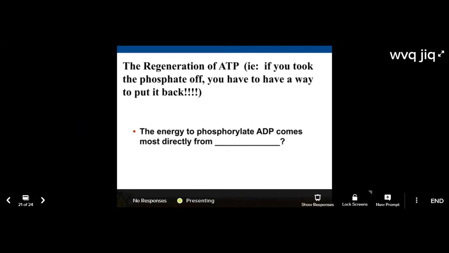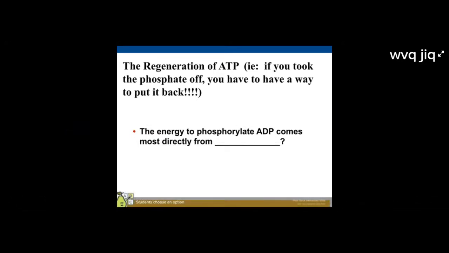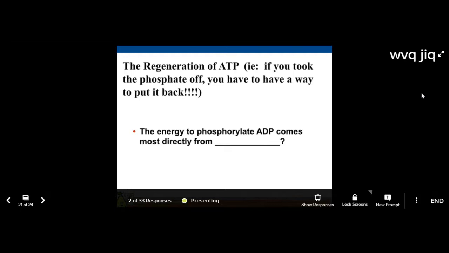Okay, the energy to phosphorylate ADP comes most directly from, what do you think? How do you get the phosphate back on once it's been broken off?